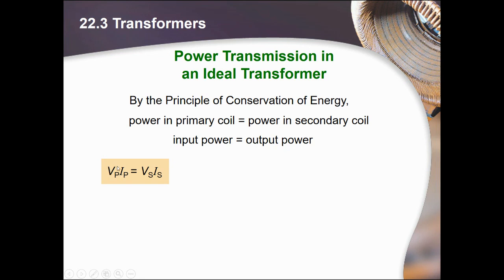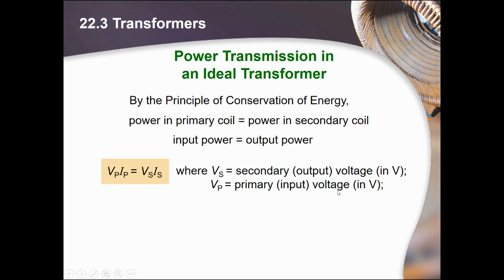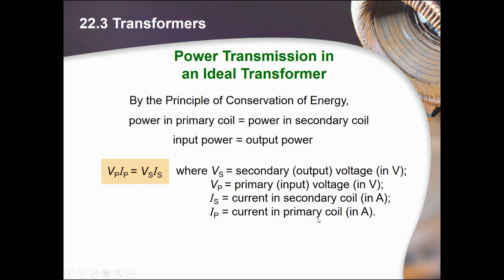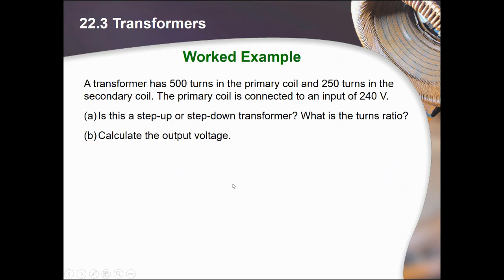So the voltage of the primary coil times the current of the primary coil will equal the voltage of the secondary coil times the current of the secondary coil, that is, if it's 100% efficiency, no energy loss. So Vs is secondary, Vp is primary, Is is the current in the secondary, and Ip is the current in the primary coil.